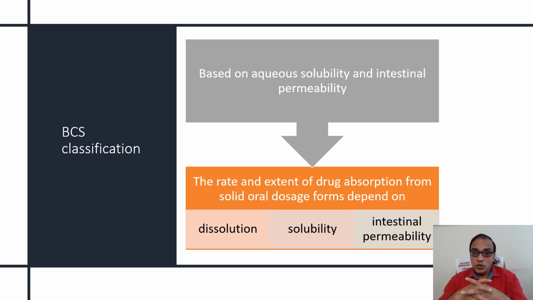Actually, on the basis of dissolution, solubility and intestinal permeability, the rate and extent of drug absorption from a solid oral dosage form is governed. So these three factors govern the rate and extent of drug release. So it was thought: why not create a system which can classify the drugs into some classes on the basis of these three things?